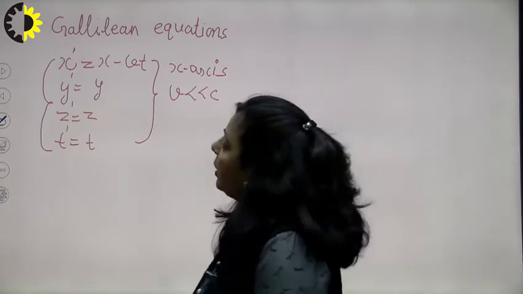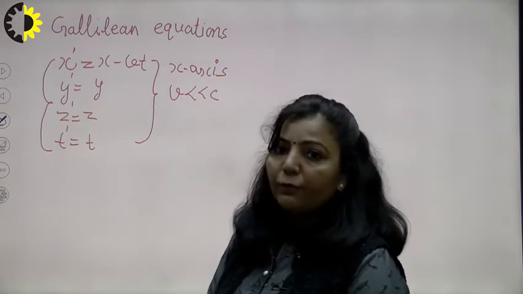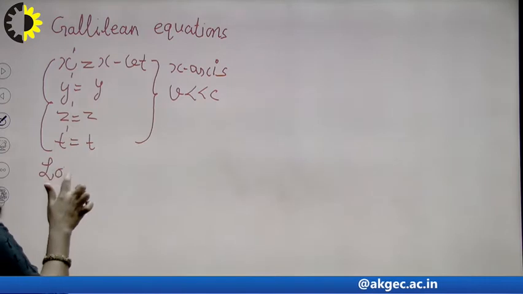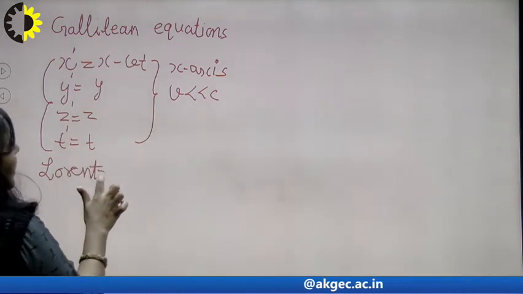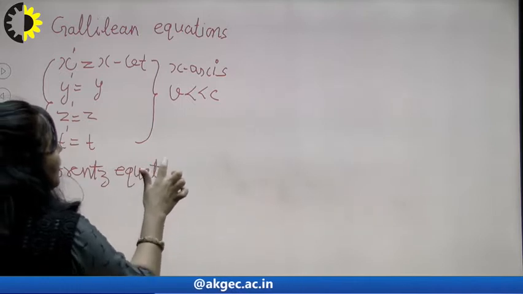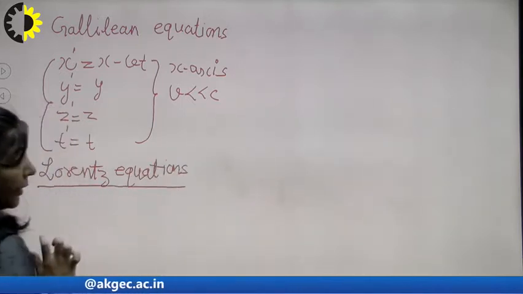After this you have the Lorentz equations, right? Again a set of four equations. All the parameters which change in relativistic mechanics can be calculated using these Lorentz equations.